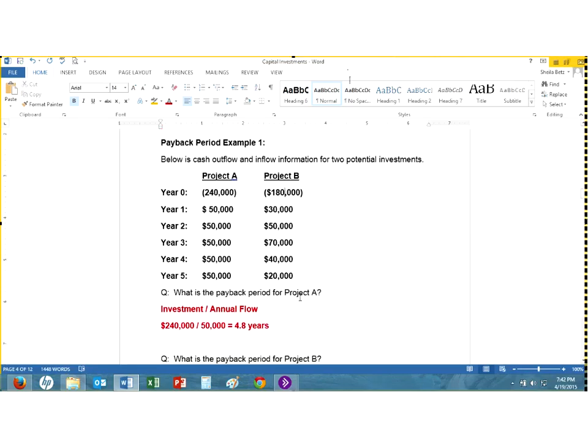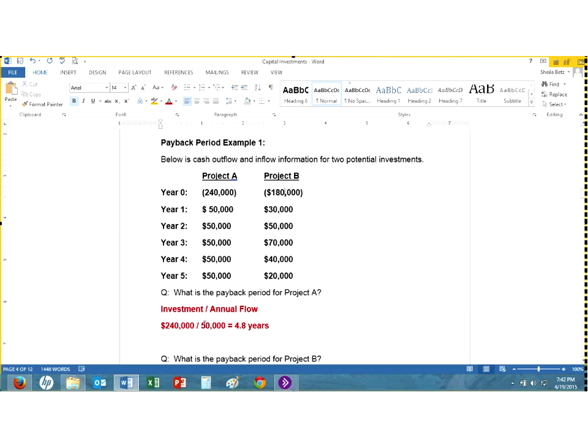So question 1 asks, what is the payback period for Project A? Well, when we're dealing with the same amount of cash inflow coming in year after year, the formula is very simple. We take the investment divided by the annual flow. So in this case, we have an investment of $240,000.